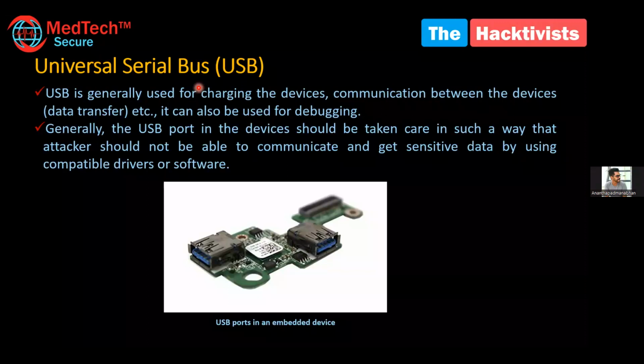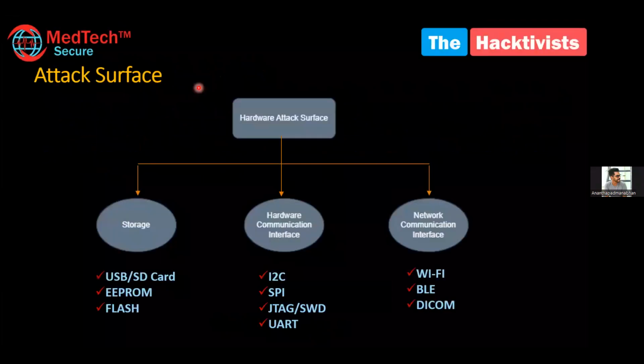So USB is also one of the major hardware components from the IoT security perspective. Those were some of the common and very basic components which we should be aware of regarding IoT devices and IoT device security.